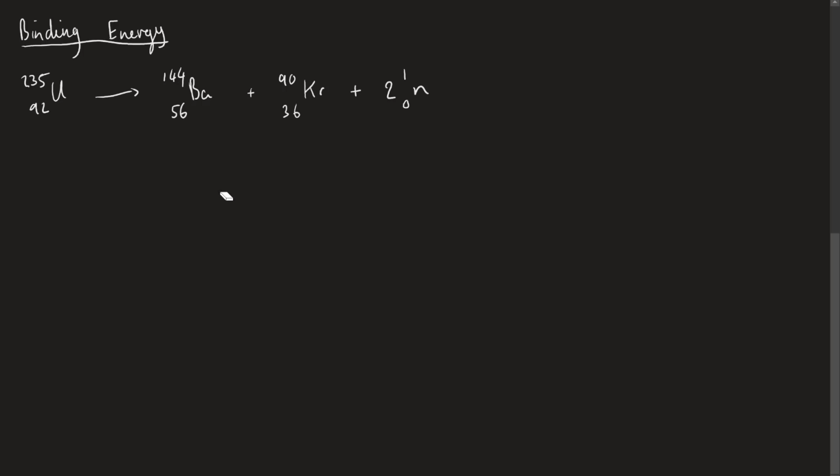If I were to find the total mass of this, actually let me be specific, it's the mass of barium plus the mass of krypton plus 2 times the mass of a neutron, and I were to find the mass of uranium, which I'm going to call mass U, I would have some difference between these. These masses are not equal to each other, and this is what's known as a mass defect.